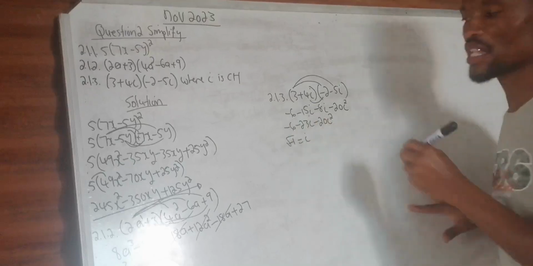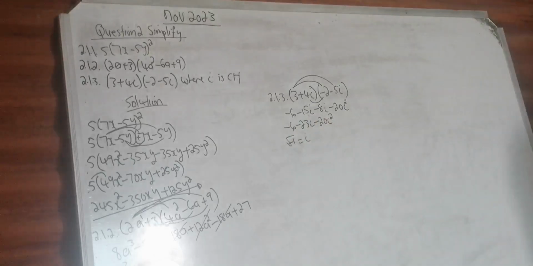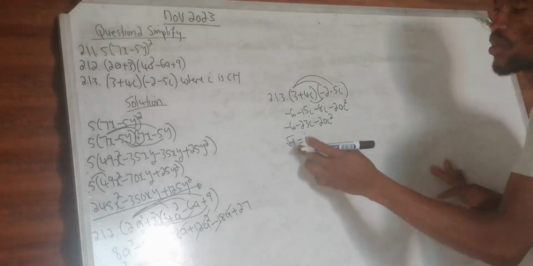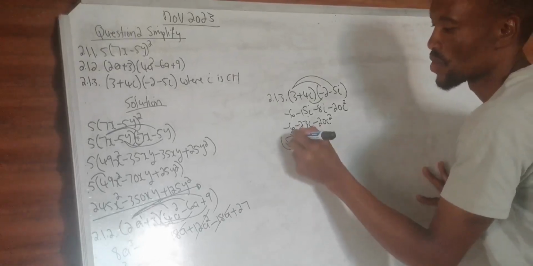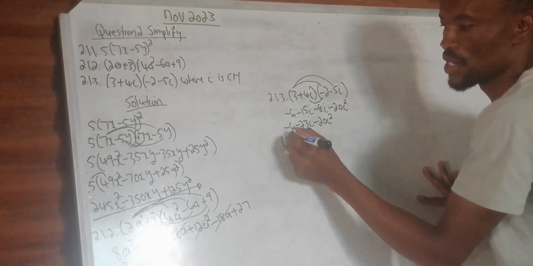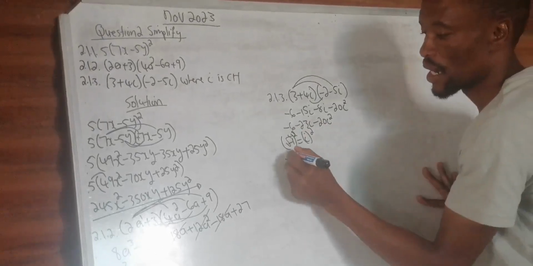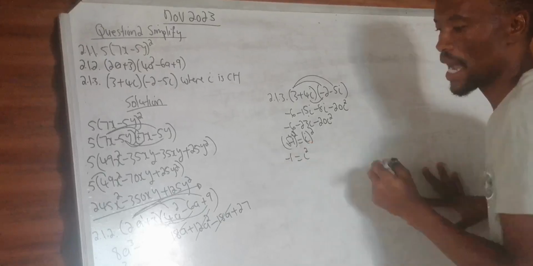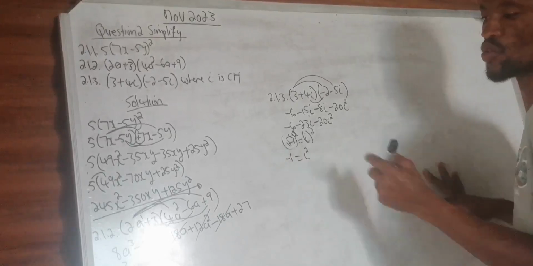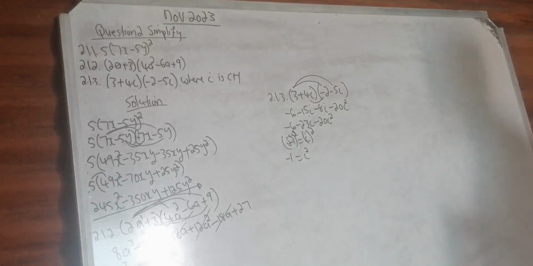Where you see the square root of negative 1, we write i. To remove the square root, I square both sides, so the square root and the square cancel. Negative 1 equals i squared. So i squared is negative 1. This is very, very important.